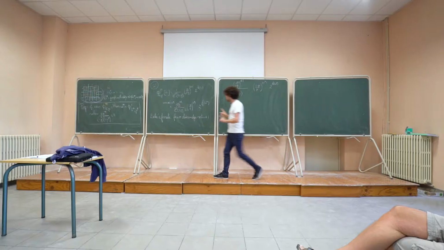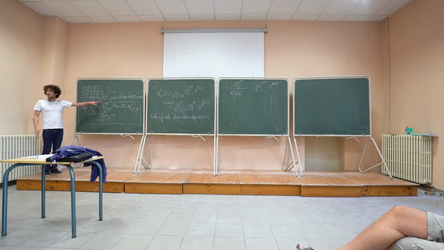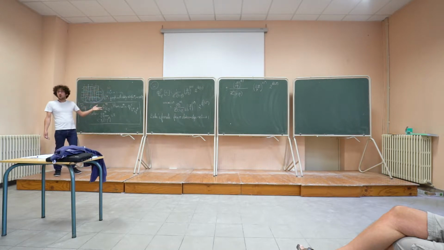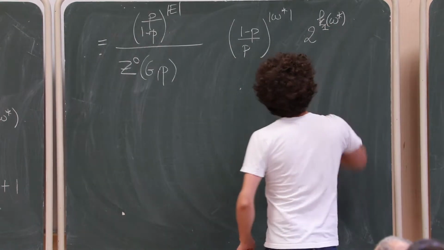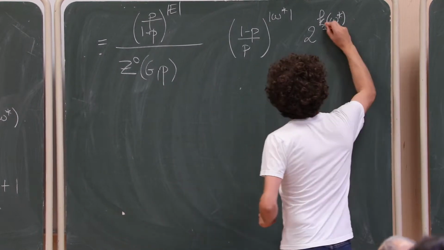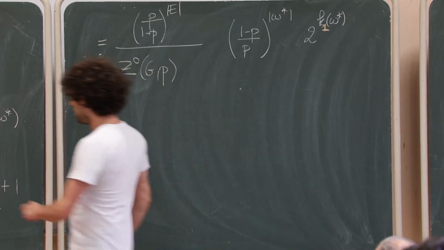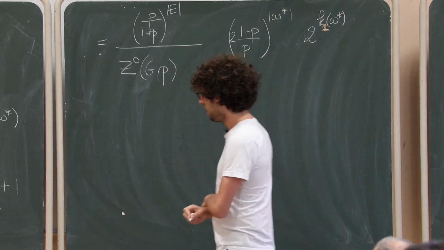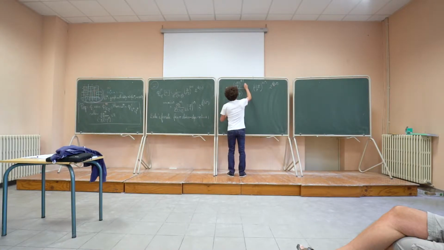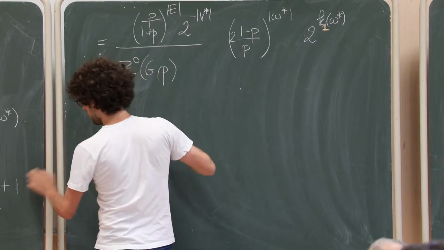And notice that it's the number of clusters in this big graph with the violet thing, which means it's the number of clusters in omega star when you count all vertices on the boundary as one, so it's k1 of omega star. Okay, so this is really important. This is k1. Then you have the number of edges, so you are going to have an additional 2 here. Minus the number of vertices, so you are going to have 2 to the minus the number of vertices in the dual graph, and you get a plus 1.